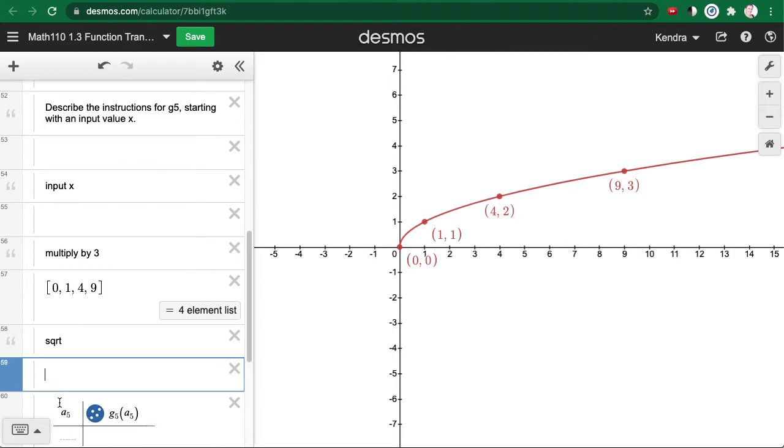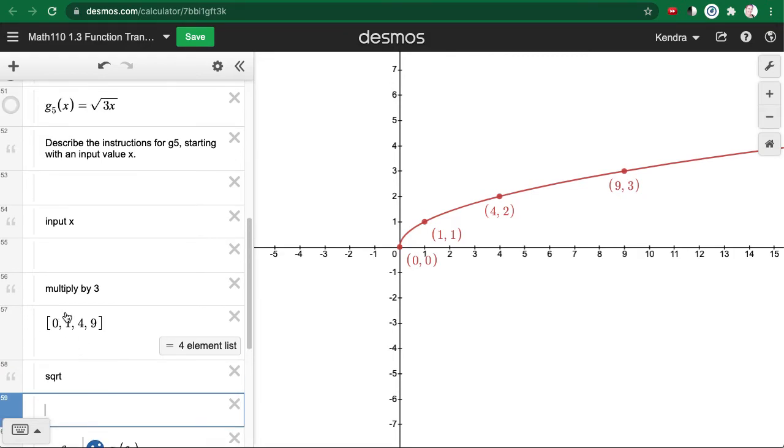But I have to figure out what I need to do so that multiplying by 3 will get me to these numbers. What should I input so that multiplying by 3 gets me to these numbers? And so that means I have to go backwards to figure out what my inputs are.